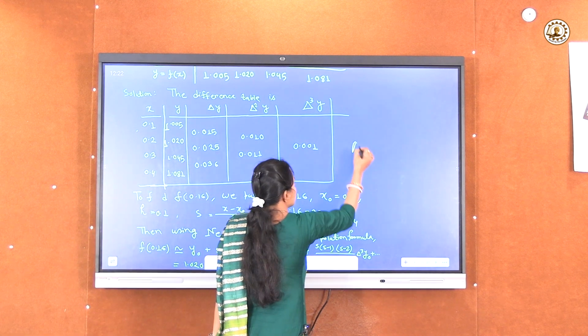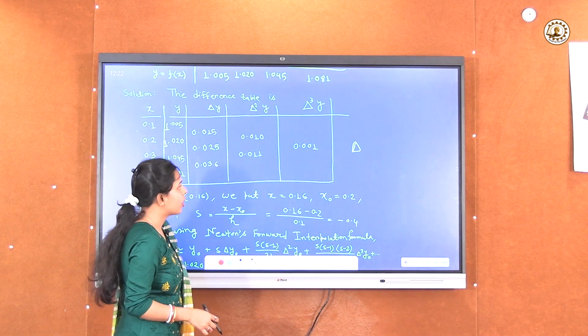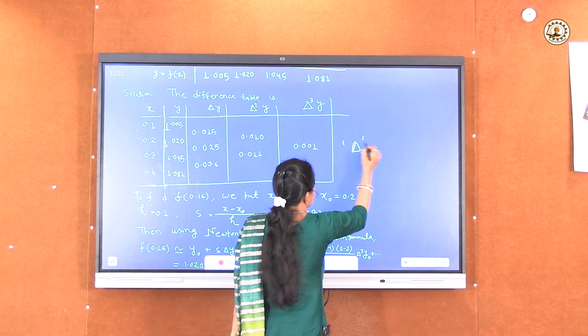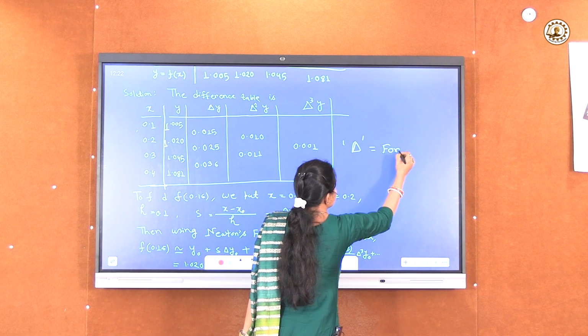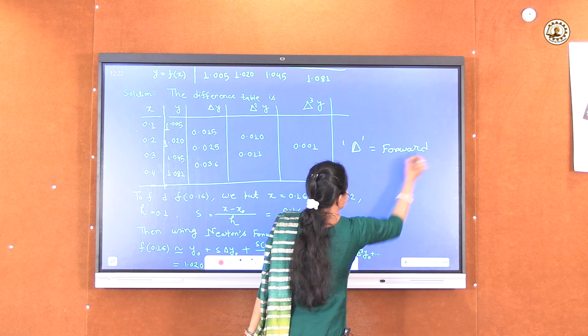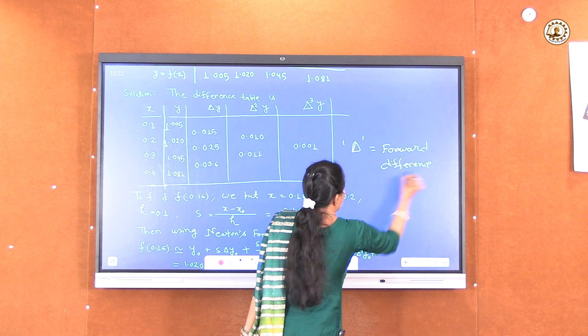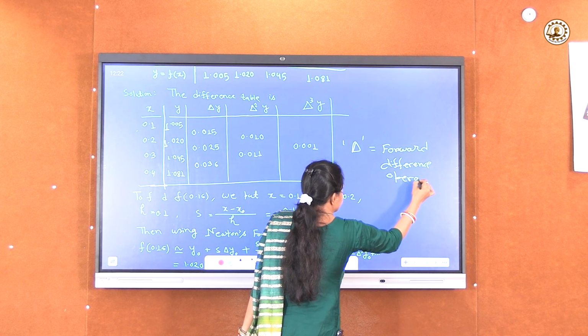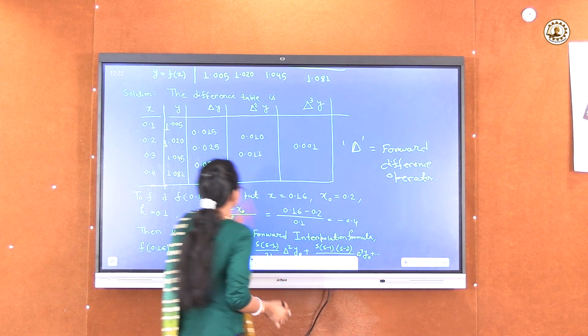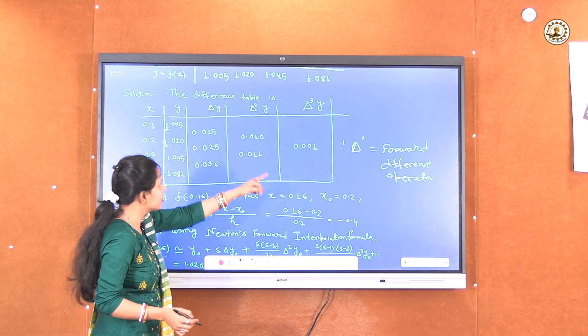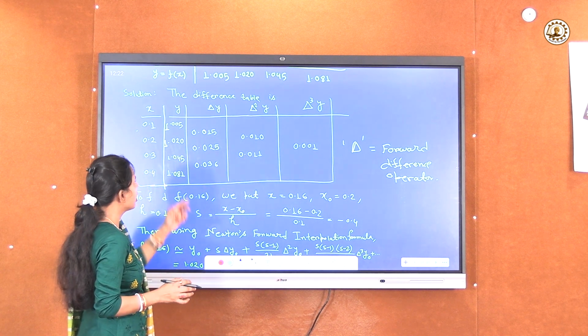In our previous class we said what delta is: delta is the forward difference operator. Now we apply the forward difference table operation.